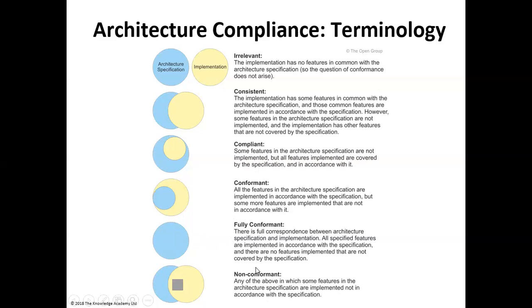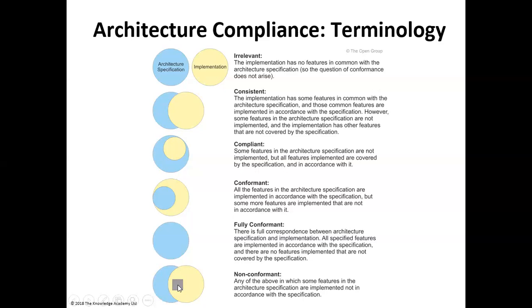Now the last one is speaking about one particular parameter. It's called non-conformant. Let me tell you this one. Imagine, if you look at this one, there are some common areas between the implementation and the specification. In that, one or two areas are highlighted.